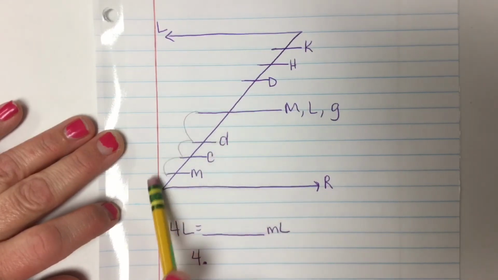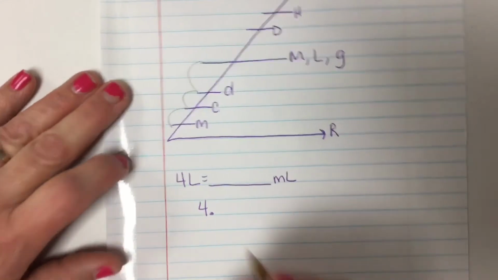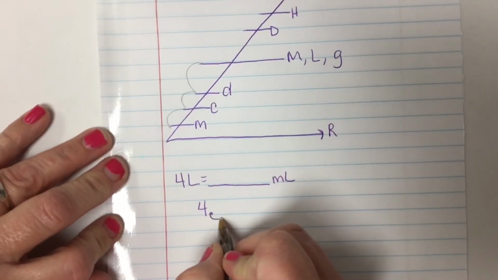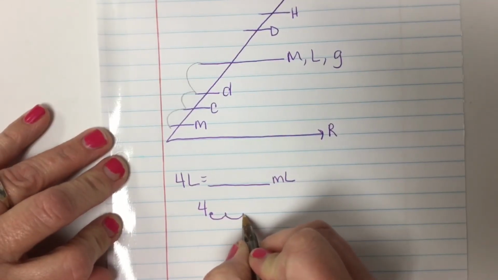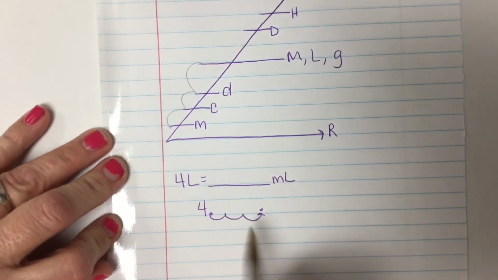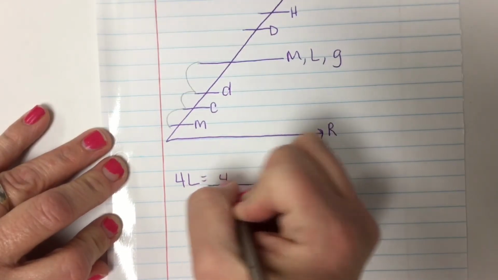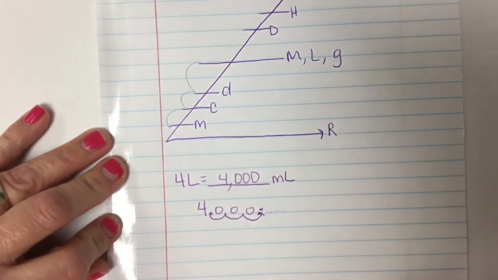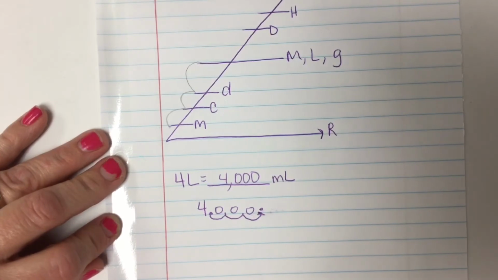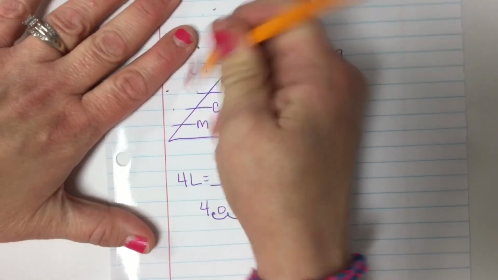So I went down, which means I'm going to follow it, and I'm going to the right. So I'm going to take this decimal, and I'm going to move it 1, 2, 3 places to the right, and I'm going to fill in these holes with zeros. So that 4 becomes 4,000. And then since the decimal is at the end, I don't need it. Pretty simple, huh? Okay, it's just moving the decimal. That's all you have to do.